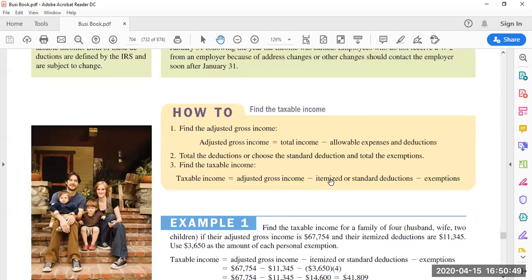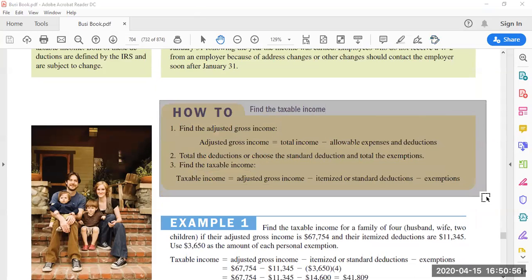So how do we go ahead and find it? We can find our taxable income simply by taking what you have calculated as your adjusted gross income. How do we find that? That will be your total income, all of the income you received, minus whatever allowable expenses and deductions that you have. Once you find your adjusted gross income, from that, you total up all the deductions or choose the standard deduction.